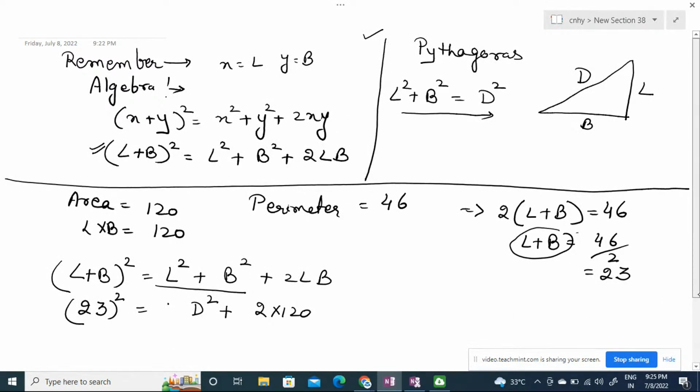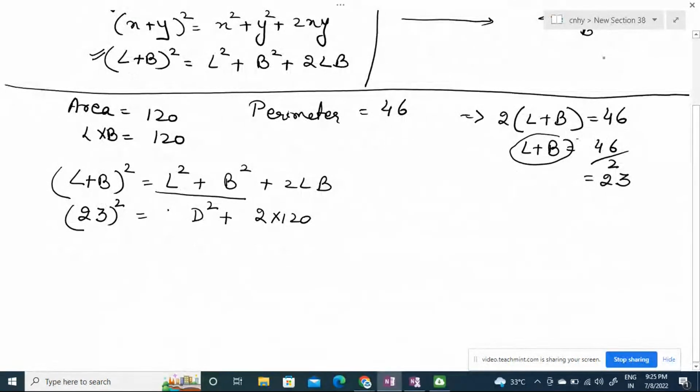23 into 23 is 529. So diagonal square plus 240 is 529.